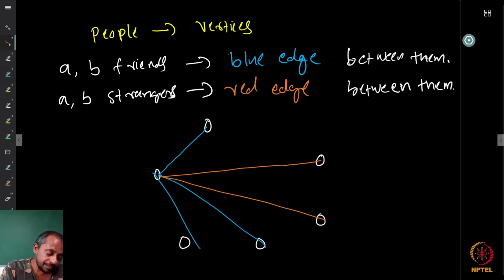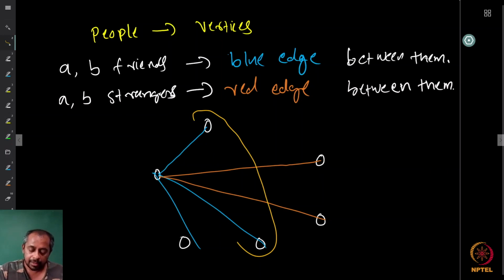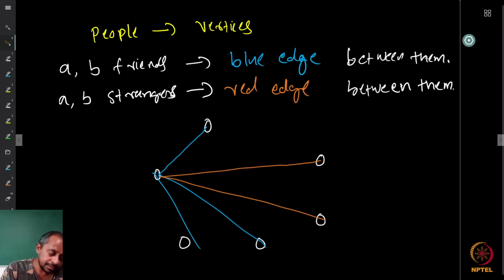So we have applied the pigeonhole principle. Now the question is, what can you say about these two guys, this person and this person? Let us put some names just to be easy.